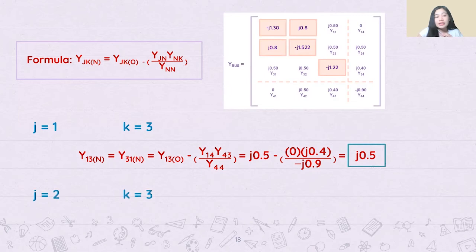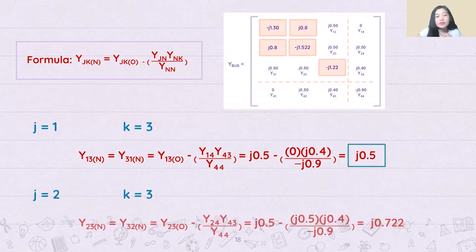Okay. Lastly, j is equivalent to 2 and our k is equivalent to 3. Basically, we're going to solve for the new value of y sub 2,3 and y sub 3,2. Maaari sa old value ng 2,3 and 3,2 or the admittance of it, okay lang. Now we have to subtract that to y sub 2,4 times y sub 4,3 all over y sub 4,4.